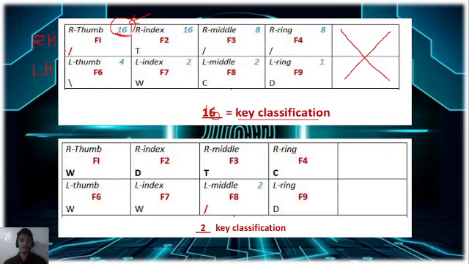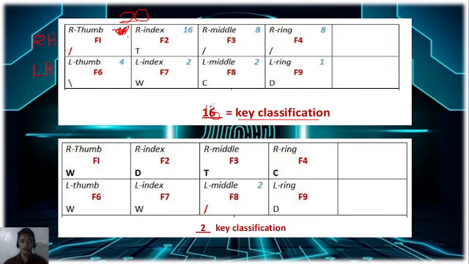So another example, sabihin natin, still ito pa rin na example gagamitin natin. Let's say nag-perform tayo ng ridge counting, and ang nabilang po natin is hindi 16, but 20 ridge count. Okay, so anong ilalagay sa key classification?